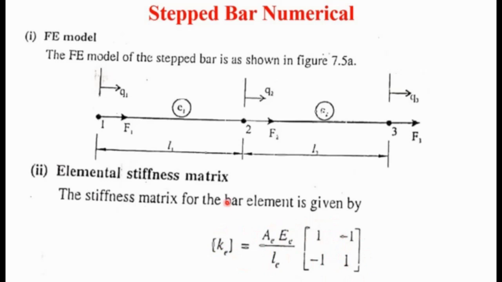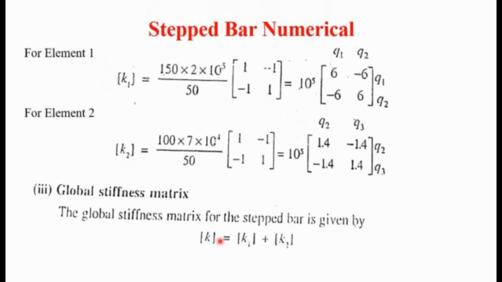So we have to calculate K1 and K2, that means the stiffness matrix for the first element and for the second element. For the first element, K1 is equal to A1 E1 divided by L1 into [1 -1; -1 1]. We put A1 as 150, already given in the numerical, E1 is 2 into 10 raised to 5, divided by L1, which is 50.